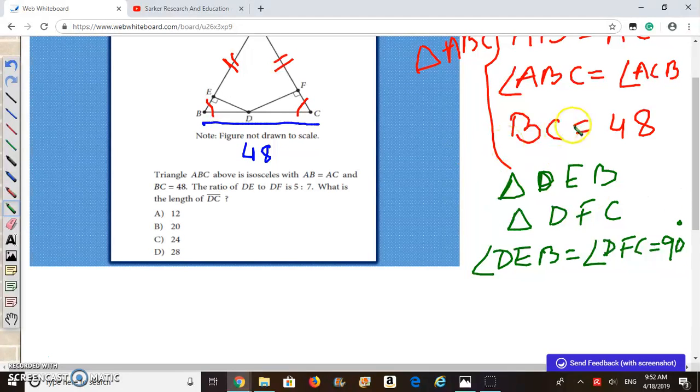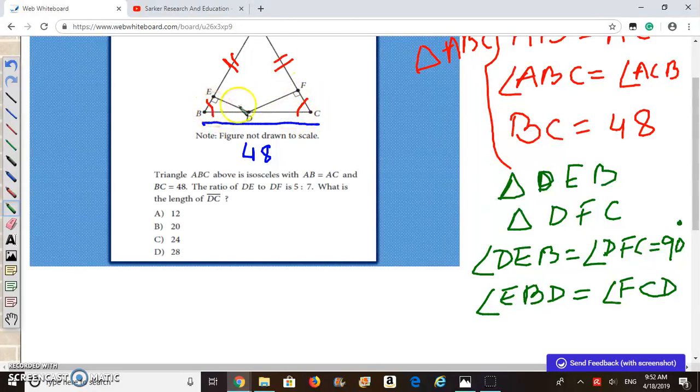And we also came to know that angle ABC is equal to angle ACB. So we can write that angle EBD equals angle FCD.